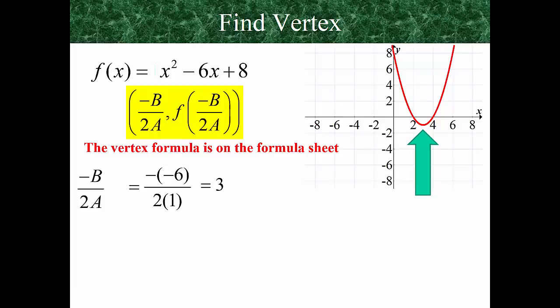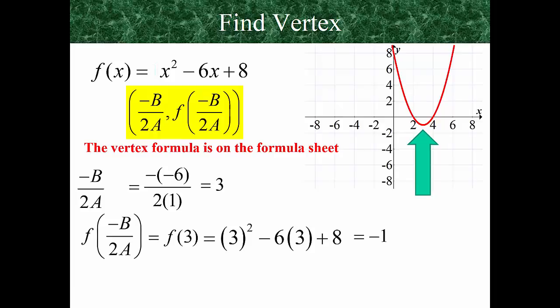And then the right side, the y, all that says is take the answer you just got and plug it into the function. So plugging 3 into the function gives us the y-coordinate. Now the vertex is a point, so we write it appropriately, x comma y in parentheses.